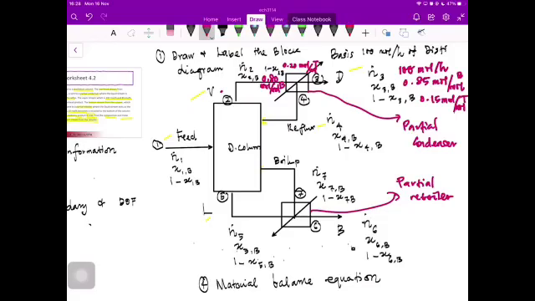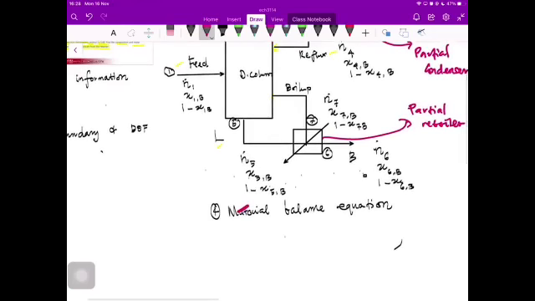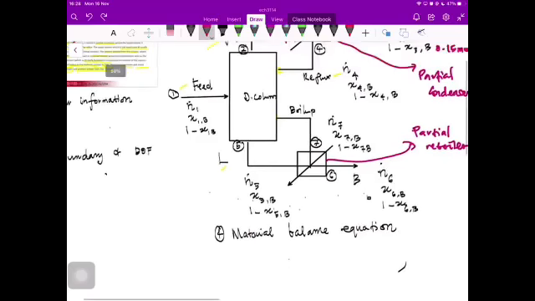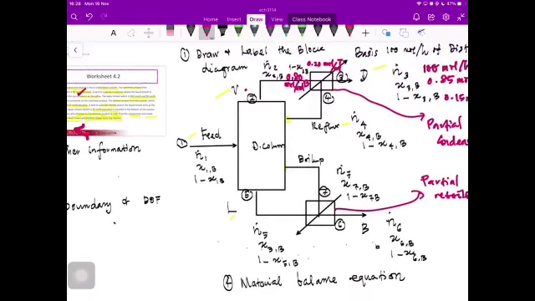Okay, so we are not given any information on N4, X4, or toluene values. Let's move down the column. What information do we have down the column?